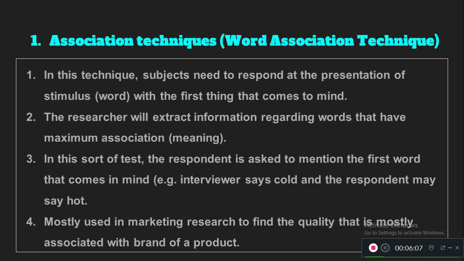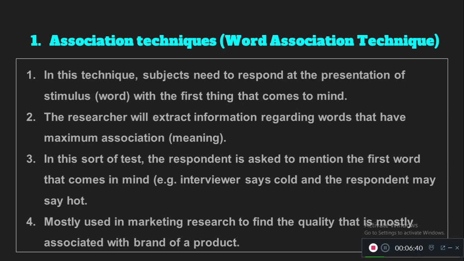With the word the respondent says, the researcher will extract information about what he thinks. For example, in some tests when the interviewer says cold, the respondent may say hot. So we can understand that some opposite kind of thinking or feeling is present in the research subject.